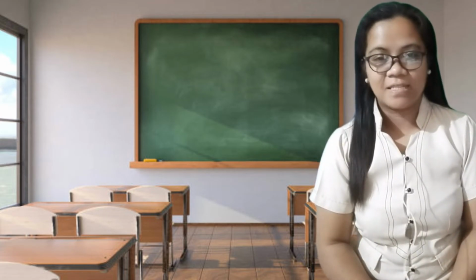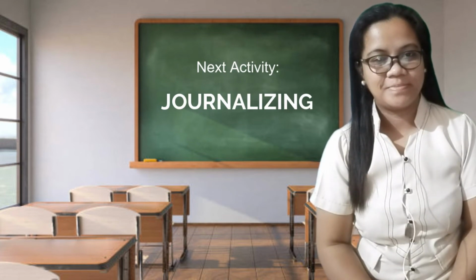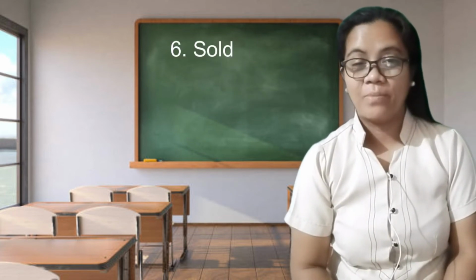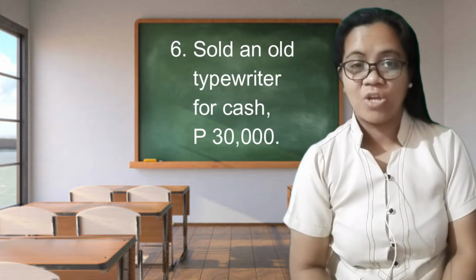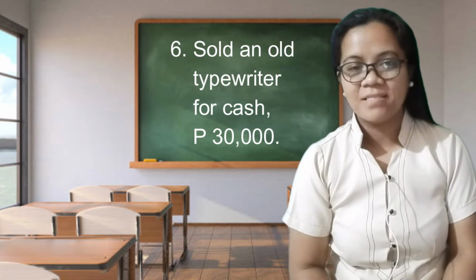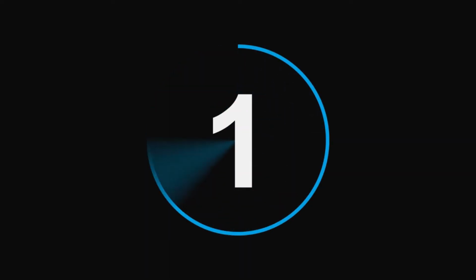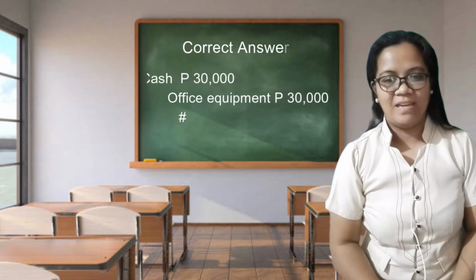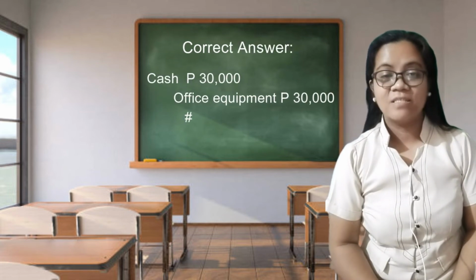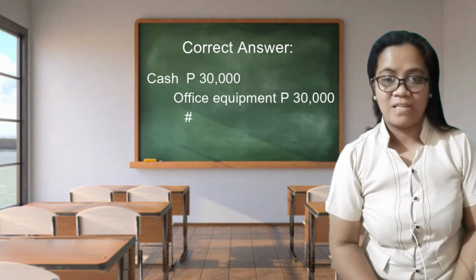And for our next activity, journalize the following transactions. Number 6. Sold an old typewriter for cash, worth 30,000 pesos. The correct answer is debit cash 30,000 pesos and credit office equipment 30,000 pesos.